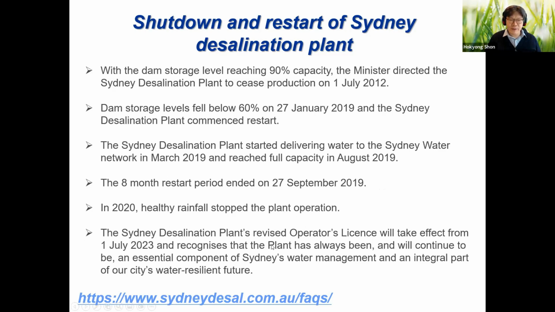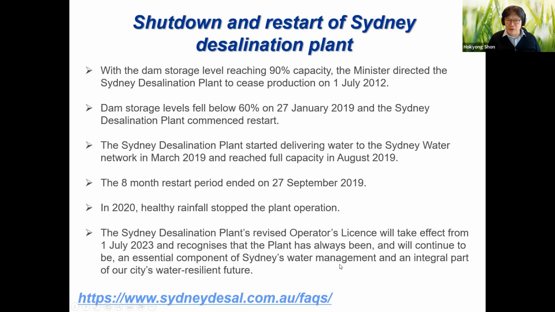The desalination plant's revised operator license will take effect from 1st July 2023 and recognizes that the plant has always been and will continue to be an essential component of Sydney water management and an integral part of our city's water resilient future. So you can mention that in detail in your assignment; you must also cover from July 2023.